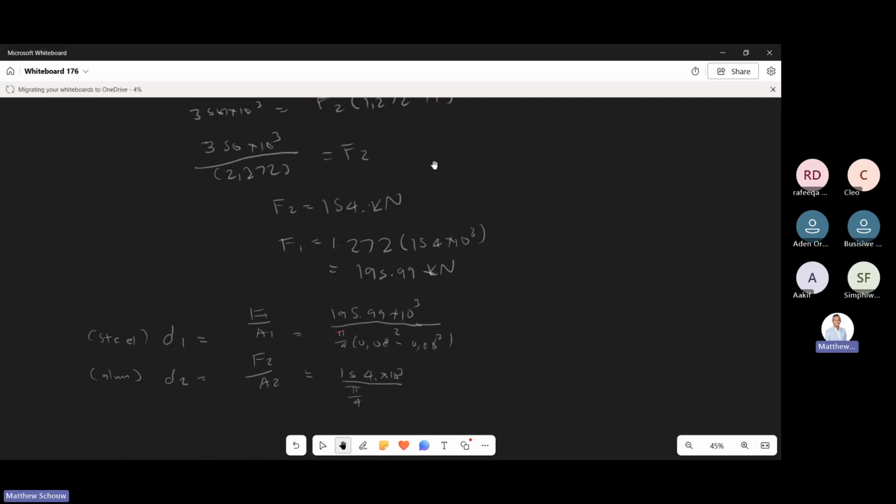Okay, I'm using the wrong value. So 195.99, because I'm seeing a slightly different value from the book, which is disturbing me. I got 88,672. Okay, I'm going to just check now. Yeah, I'm getting 80.80 for this one. I didn't add the 0.99. Let me add the 0.99. So there should be 80.722 megapascals.